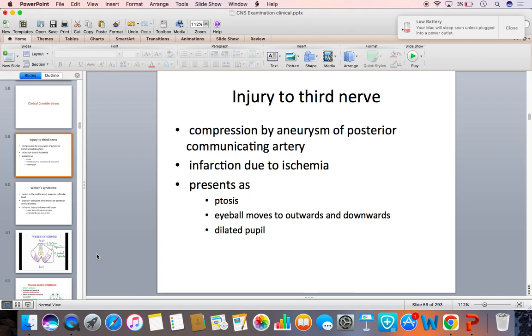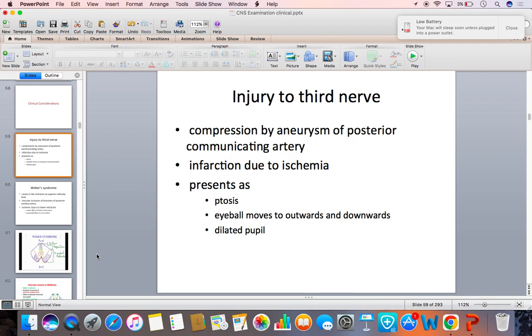What is the posterior communicating artery? It is the artery that connects the posterior cerebral artery with the internal carotid artery. That is a part of the circle of Willis, its lateral border.